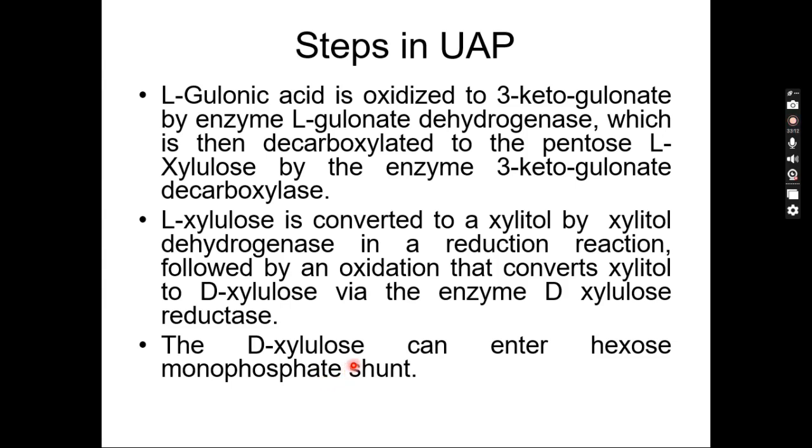If you go to the notes, go and check in the hexose monophosphate shunt, you'll be able to know where the D-xylulose joins and what it does there, okay. And I will expect you to know that, okay. Go to the hexose monophosphate shunt, go and check, look at the D-xylulose and see where this D-xylulose is joining that hexose monophosphate shunt, okay.